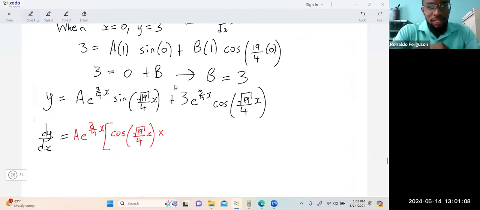All right, sorry about that, but we'll multiply now by the derivative inside of the bracket, which is root 19 over 4.